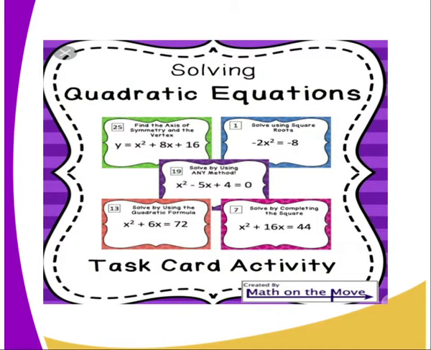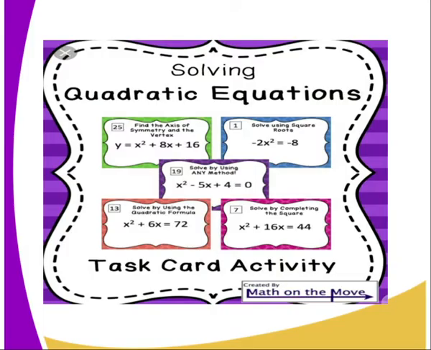The same way, we can have x squared plus 6x is equal to 72, and also x squared plus 16x is equal to 44. All those are equations that can be presented to you, and you are required to take it back to the quadratic equation and solve the equation.